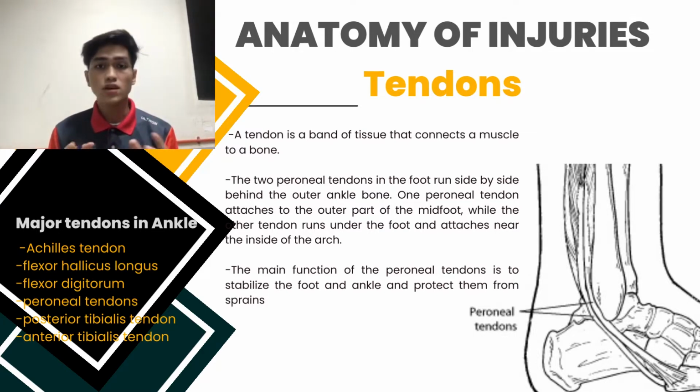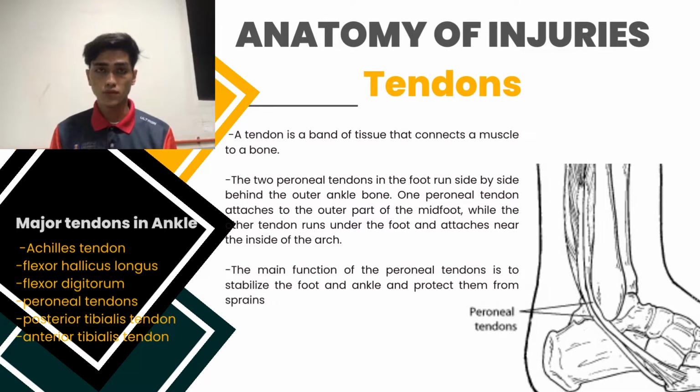Peroneal tendons, a set of tendons which run along the outer side of the ankle and attach to the fifth metatarsal and the bottom of the foot. Posterior tibialis tendon, which attaches to the midfoot and helps to maintain the foot arch. And the last one is anterior tibialis tendon, which runs down the front of the leg and attaches to the bone of the midfoot.